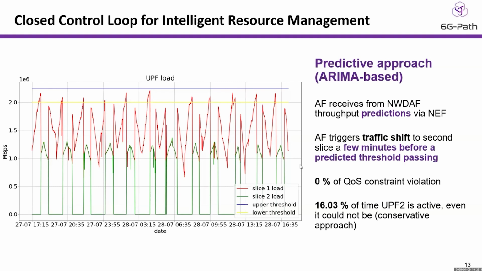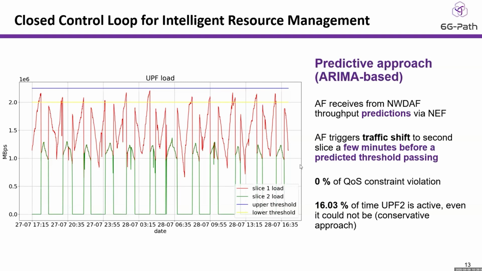So the green one reaches the red, and now they are basically superposed in these time periods, because they are handling traffic in a 50% share, if you want. And then whenever the global throughput is lower than the threshold again, in this case a slightly lower threshold than the blue one, the yellow line, we turn off UPF2 again and we move all traffic back to UPF1, and so on and so forth over time.